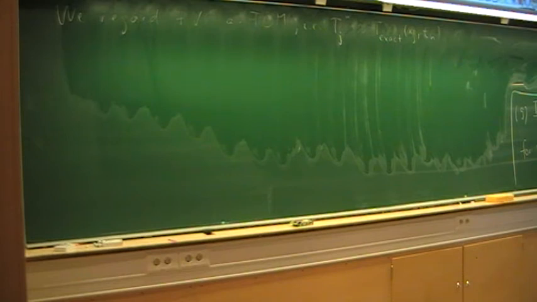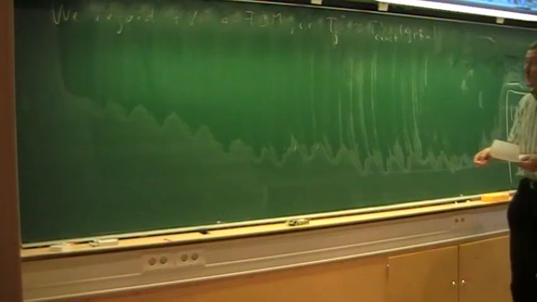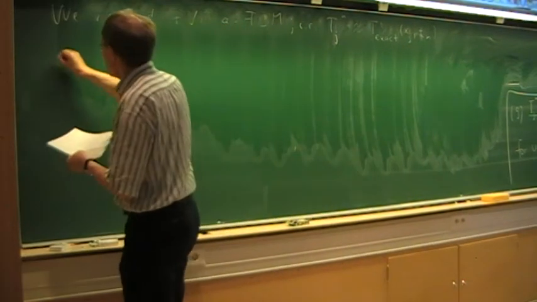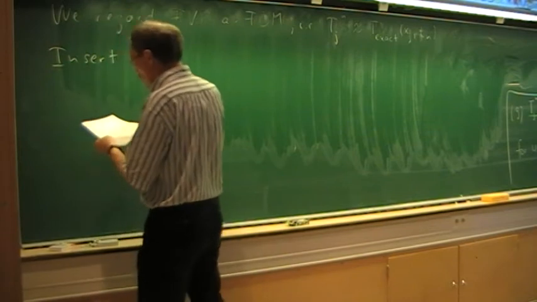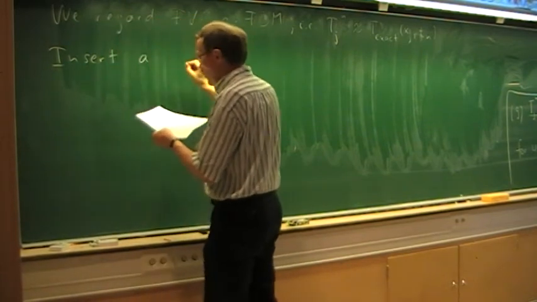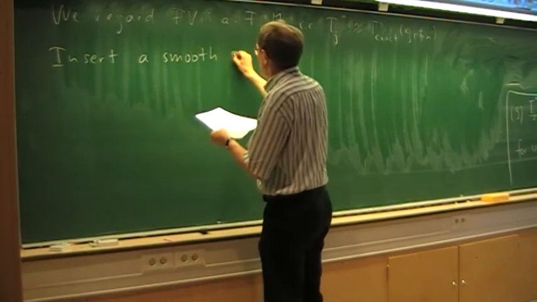We insert a smooth solution, which is not the exact solution of the PDE, just a smooth solution that fulfills the finite difference method. So that is the difference between consistency analysis and the modified equation approach: here we do not insert the exact solution, but a smooth solution.